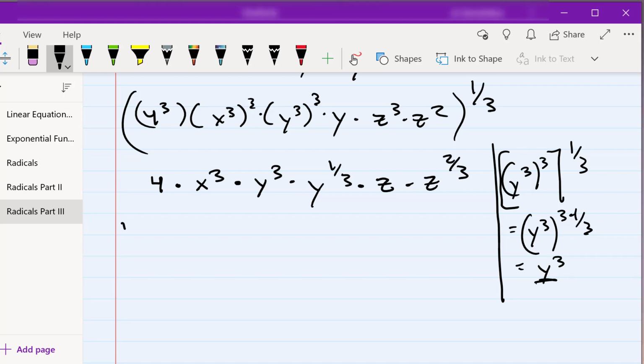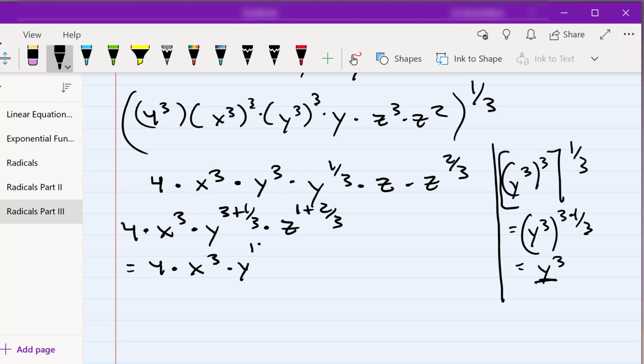Continuing, we have 4 multiplied by x cubed. Now we have y 3 plus 1/3 multiplied by z 1 plus 2/3, which is 4 multiplied by x cubed multiplied by, now 3 plus 1/3 is 10/3, and then 1 plus 2/3 is just 5/3.